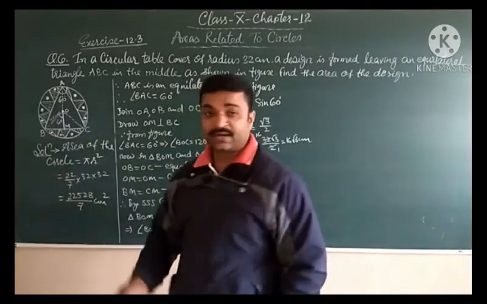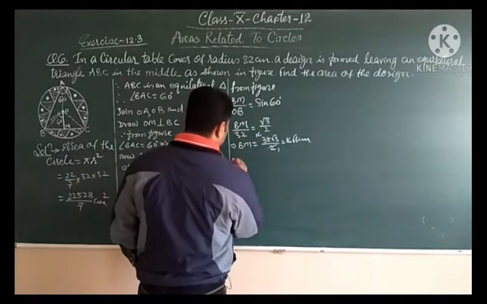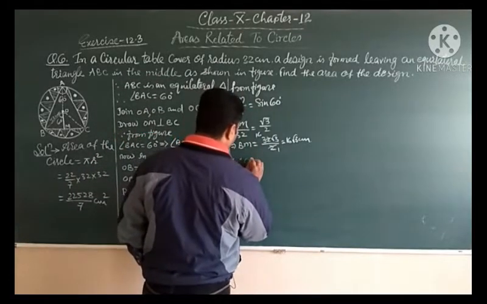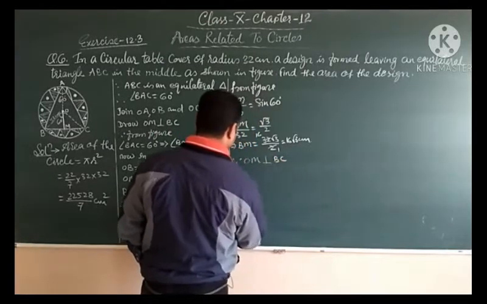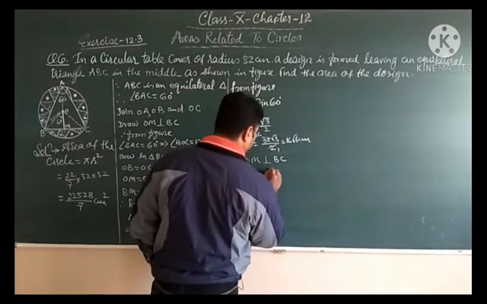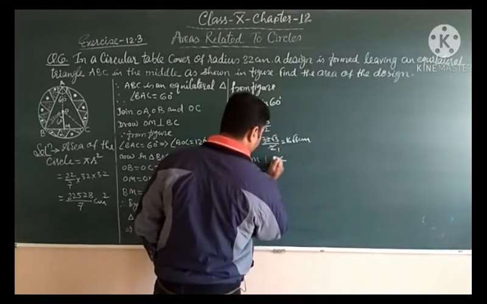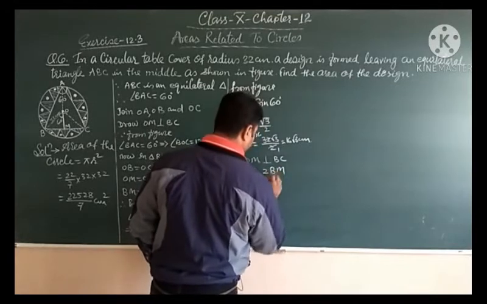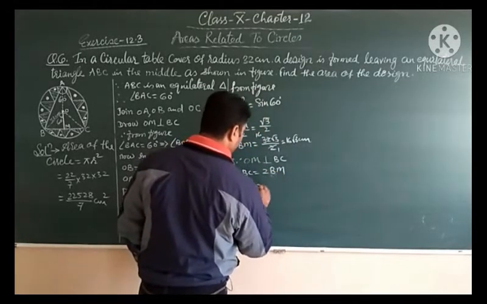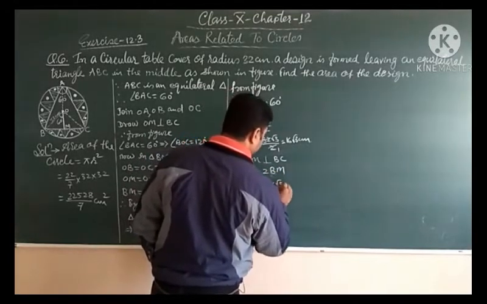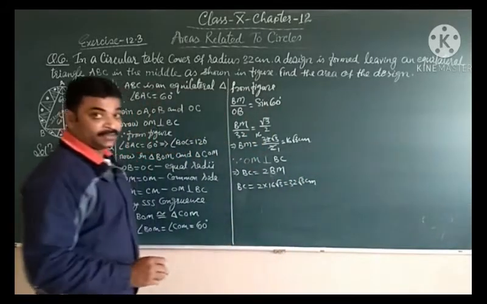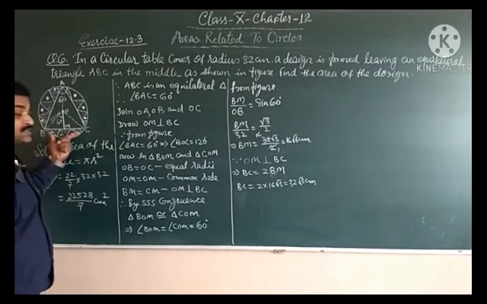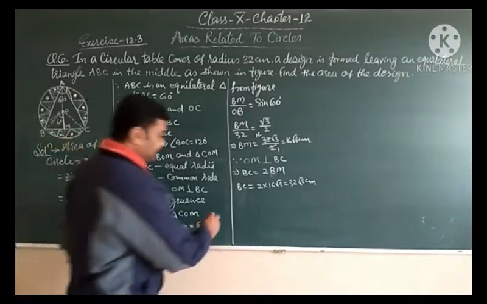So we write here, since OM is perpendicular to BC, this implies BC is equal to 2 BM, or BC is equal to 2 into 16 root 3, that is 32 root 3 centimeter. Now we have the side of the equilateral triangle.